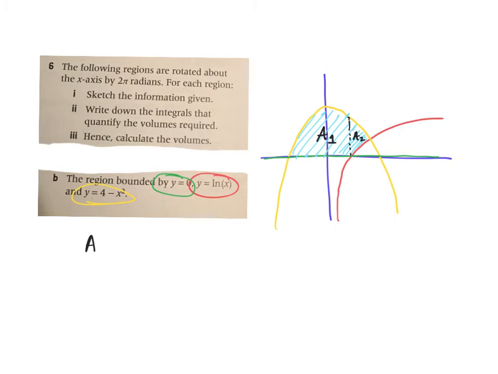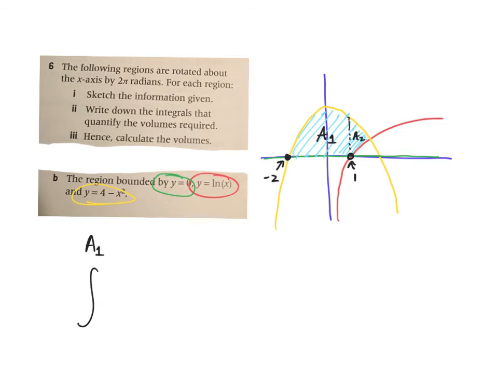And I believe that for area 1, if we can just figure out what that x value is, then it's just going to be that value. So we need that value and that value. Those are going to be our bounds. And just using a calculator here, we've got a -2 and we've got a 1. So that's a -2 and that's a 1.